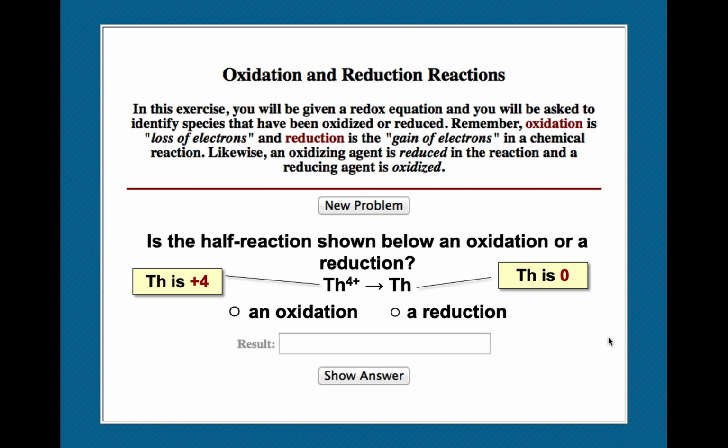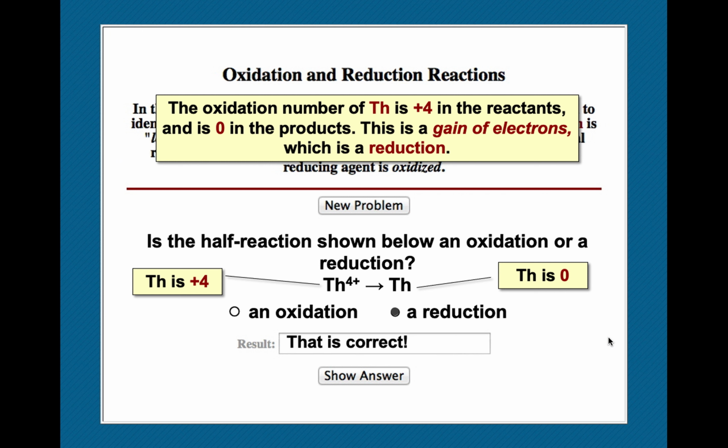To get from +4 to 0, what do you have to do? Gain 4 electrons. It's a reduction. Any questions? It's one of the more difficult tutorials.